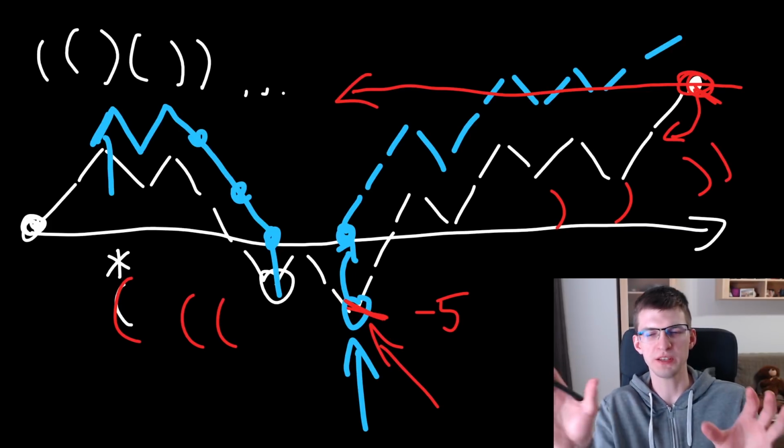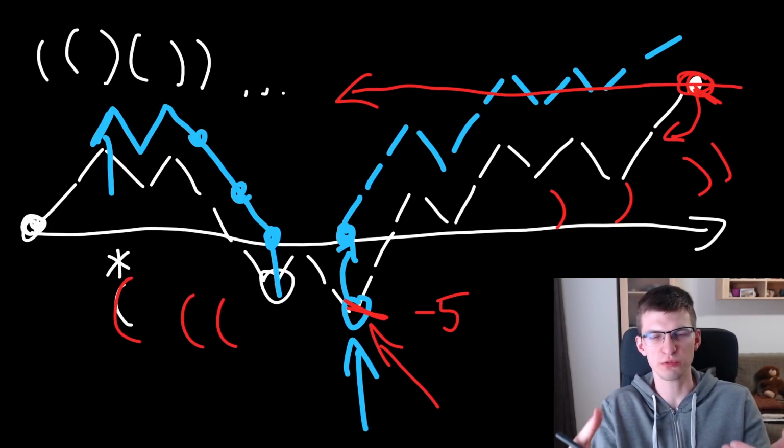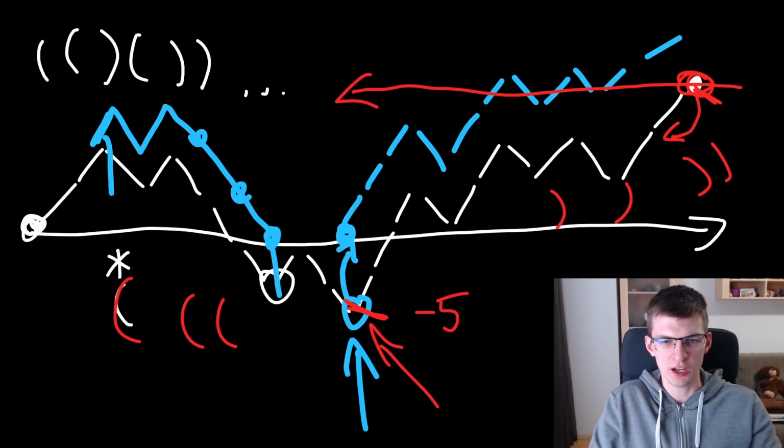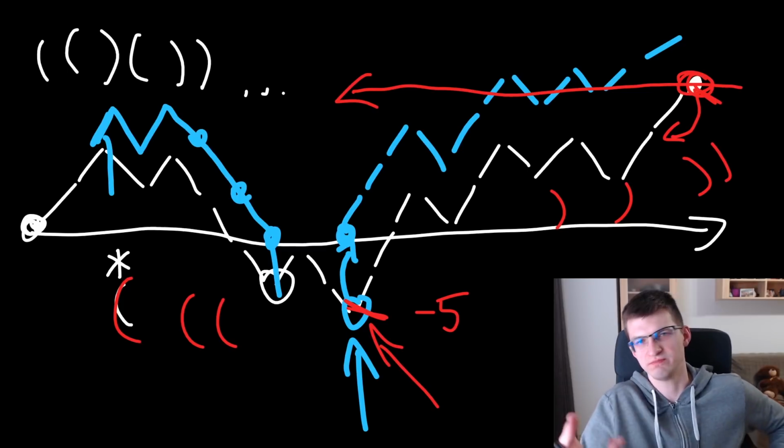So those are two independent things. They don't collide with each other. It's not that we want to change the same star into both types of brackets. Opening brackets on the left help us, closing brackets on the right help us. So we try to create them. And every other unused star we skip, like we change that into an empty character.